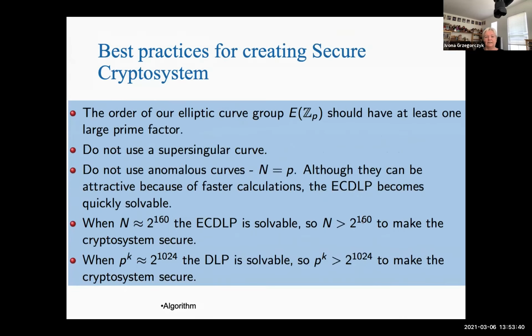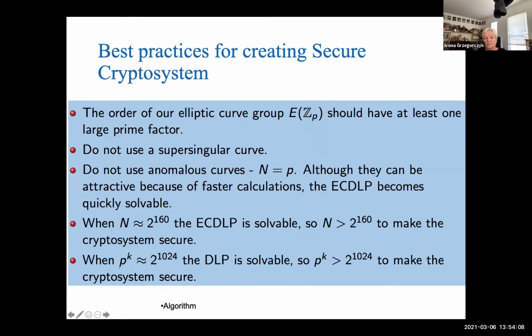These are the conditions that you need to satisfy to make sure that the curve that you picked is good. And look what it says, that you want the curve that has at least 2 to the power 160 points. You see what I'm saying? It is not a small curve. It has a lot of points.